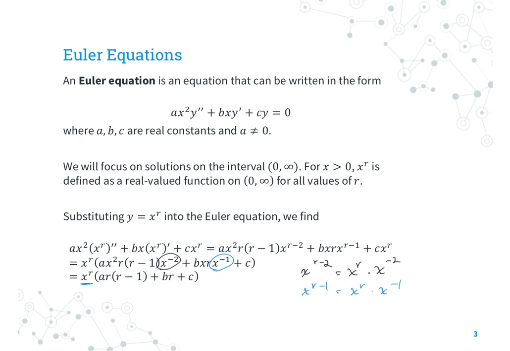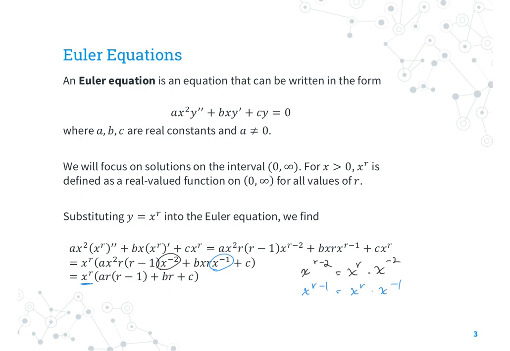And this form, if you'll notice once more, is another quadratic. Much like the different forms of solutions we had in section 5.2 based on the solutions of our quadratics in terms of r, we have different kinds of solutions for Euler equations, also based on the types of values we get for r.